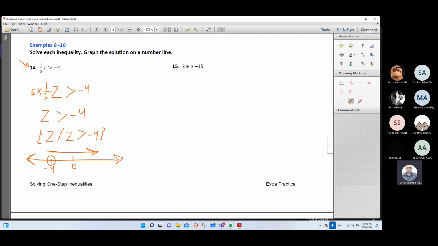Number 15, we have 3w greater than or equal to -15. So to solve this inequality, we want to keep the variable alone. So we want to remove the number. So you can divide here by 3 and here by 3.